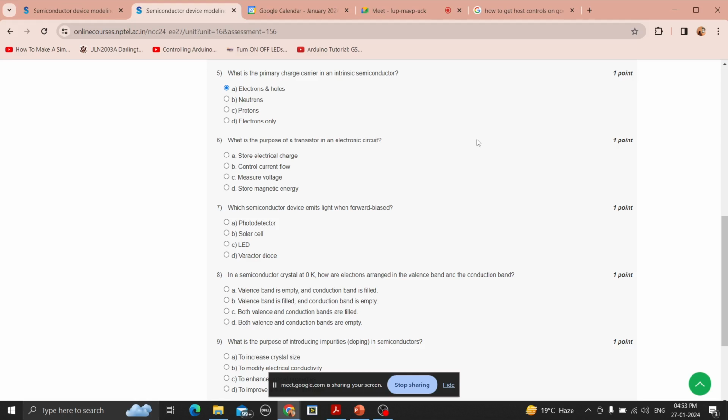There will be some electron-hole pairs because of thermal excitation. There will not be individual free charge carriers, like only electrons or only holes, in an intrinsic semiconductor. If there is presence, then both will be present at any temperature. So that is n equal to p, the formula for an intrinsic semiconductor.